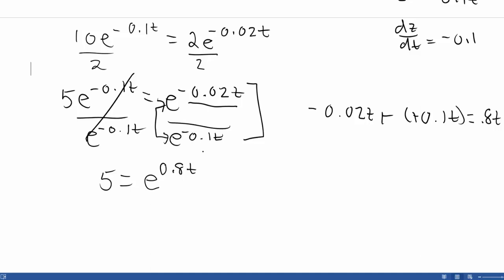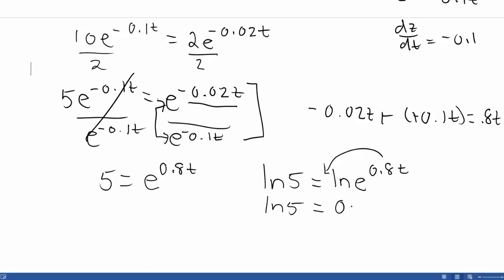So here, if I take the natural log of one side, I have to take the natural log of both sides. So the natural log of 5 equals the natural log of e^(0.8t). Again, one of my natural log rules is if you take the natural log of something raised to a power, you can bring that power out front. So I'm going to rewrite this as 0.8t times the natural log of e.